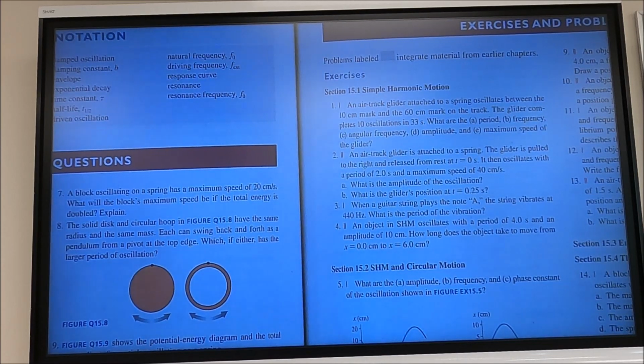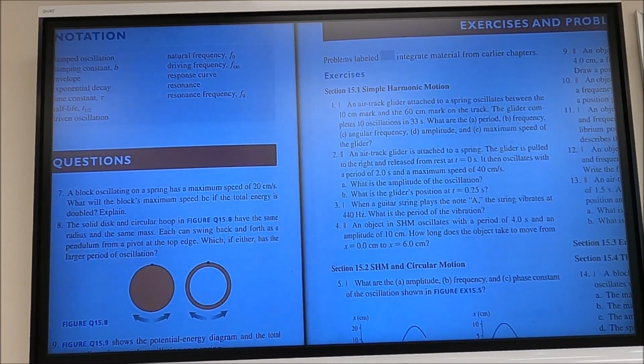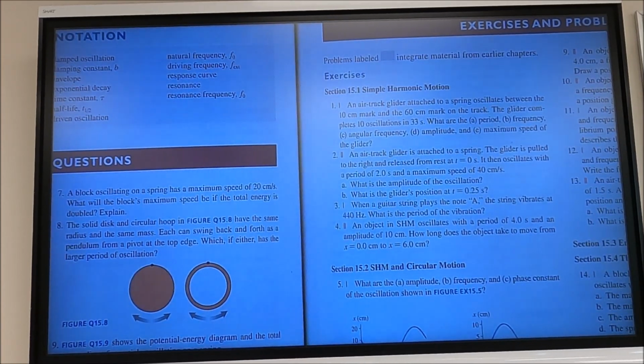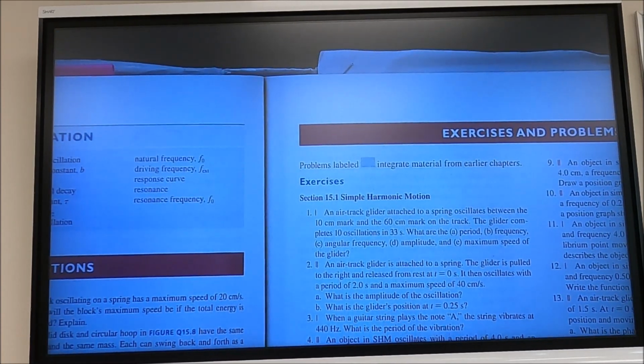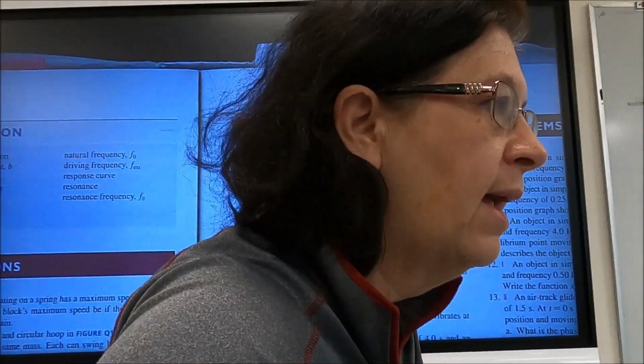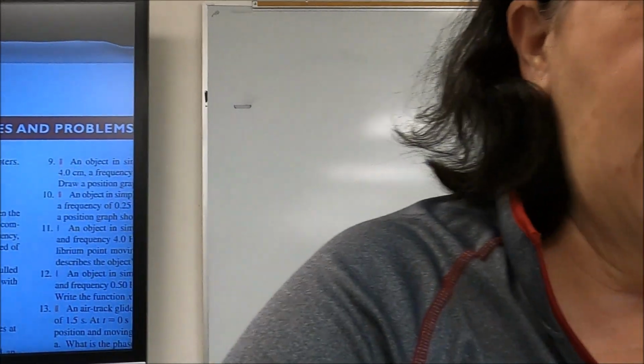Plus the 10, the equilibrium point is at 35 centimeters. The glider completes 10 oscillations in 33 seconds. We're asked the period, the frequency, the angular frequency, the amplitude, and the maximum speed of the glider. Okay? So, you guys look at that for a sec while I now start sliding you over.